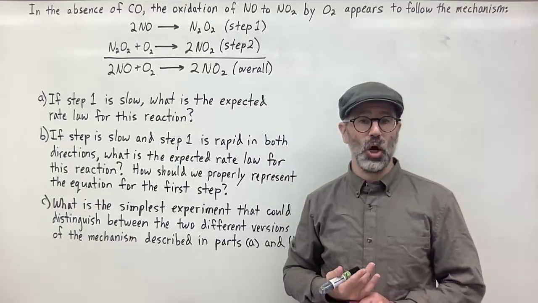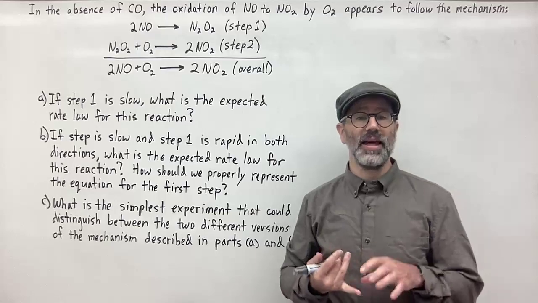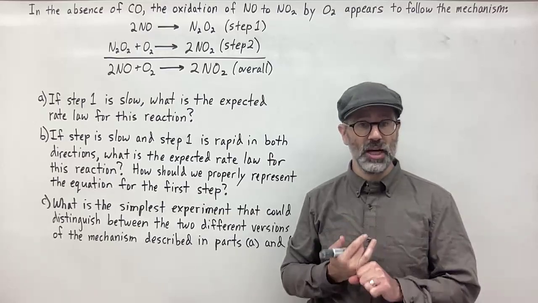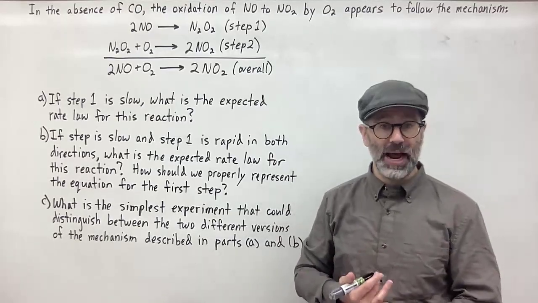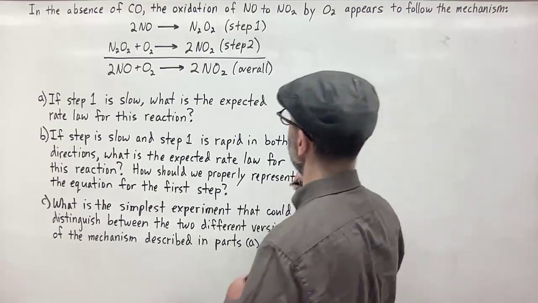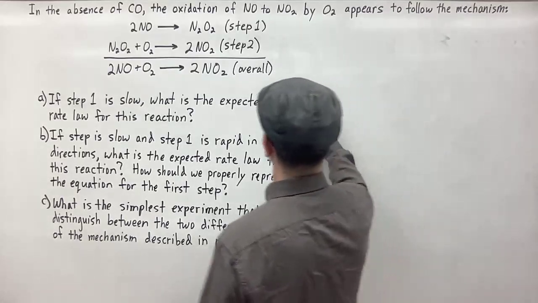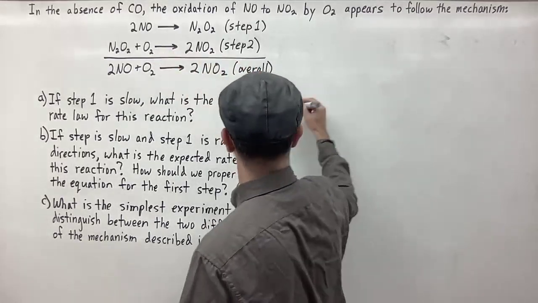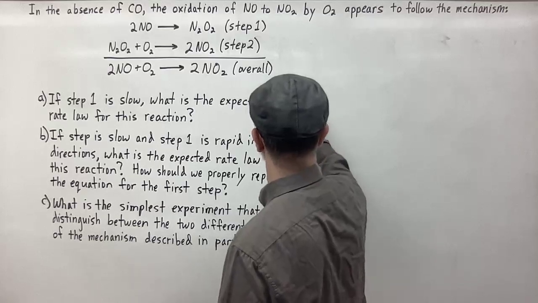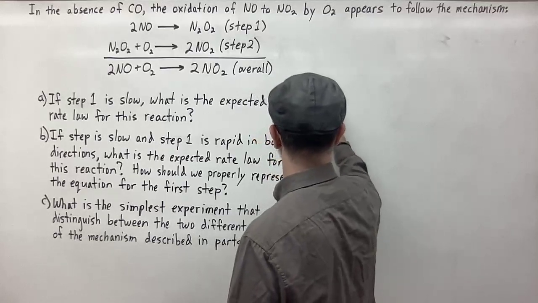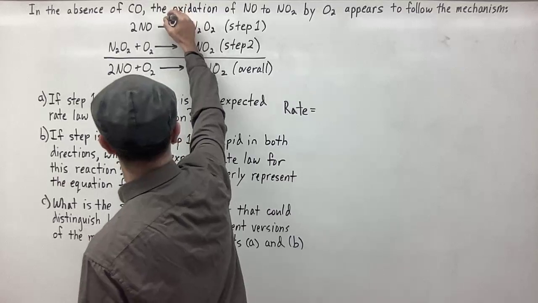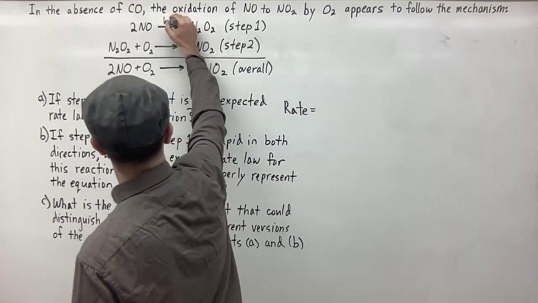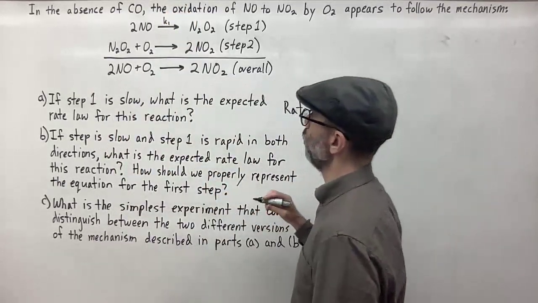So if the slowest step is step one, then the rate law for step one will be the rate law for the overall reaction. Okay, so what is the rate law for step one? That's going to be the rate equal to, and we'll call this K1 for the forward reaction.